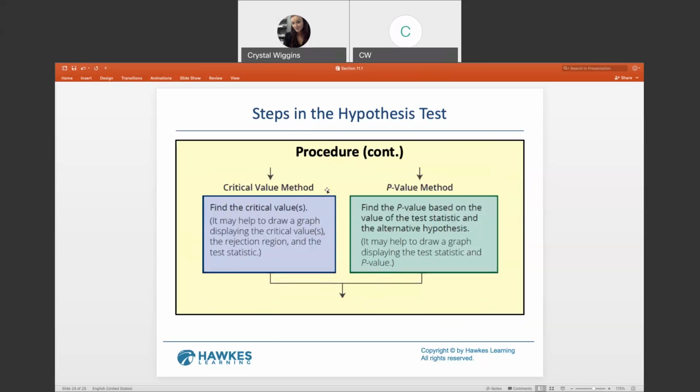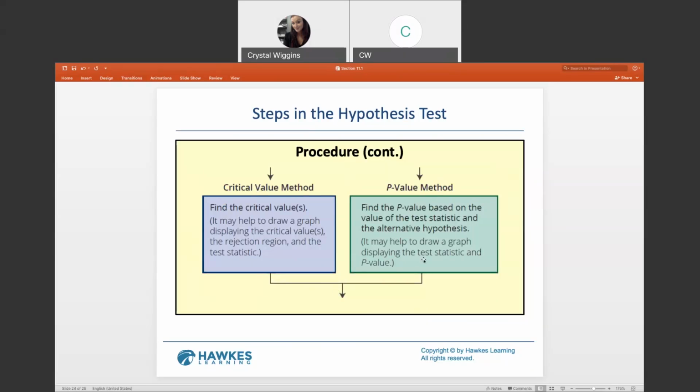So the two methods we will choose from are the critical value method, where we literally draw a graph and sketch out the rejection regions, and then we take the test statistic and see where it falls. Does it fall in a fail to reject region or does it fall in a rejection region? For the p-value method, it is a comparison between the p-value and the alpha.